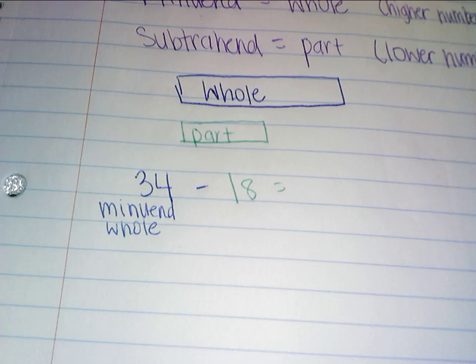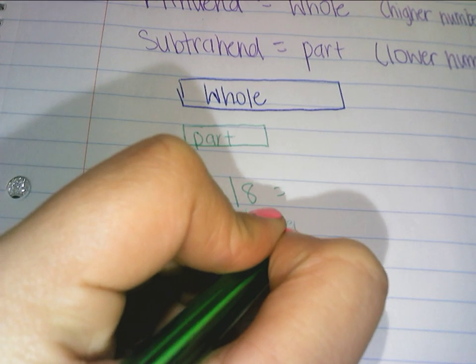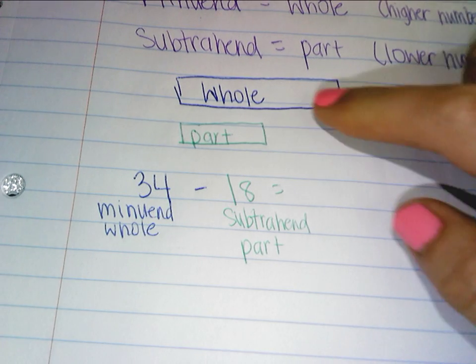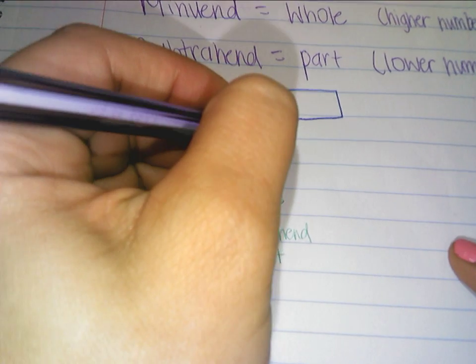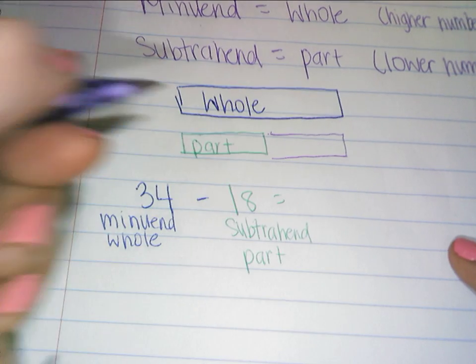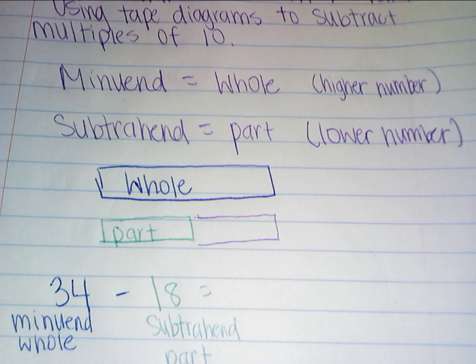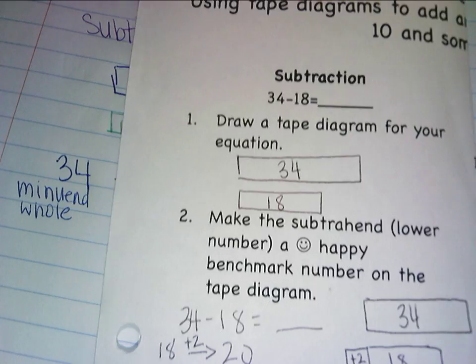And 18 is the subtrahend, which is the part or the lower number. Okay? So for the tape diagram, you're trying to solve for that missing part right here, right? Which is the difference or the other part. Okay? So we're going to use this step-by-step guide to help us today.